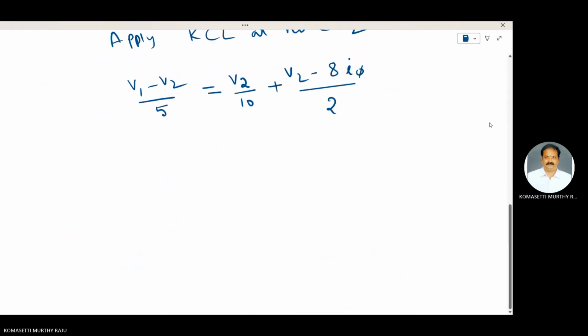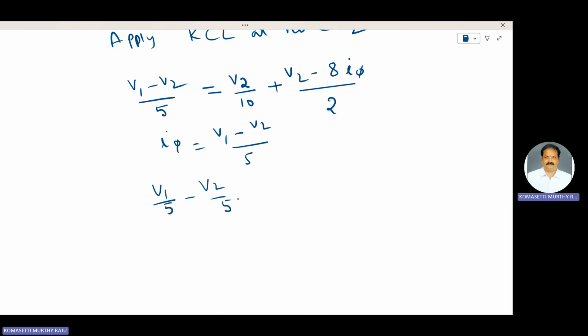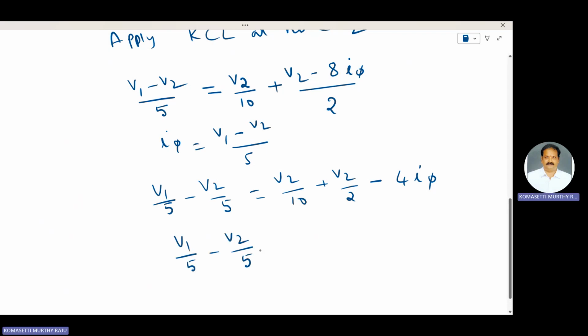So V1 by 5 minus V2 by 5 is equal to V2 by 10 plus V2 by 2 minus 4 I5, and I5 is (V1 minus V2) by 5.